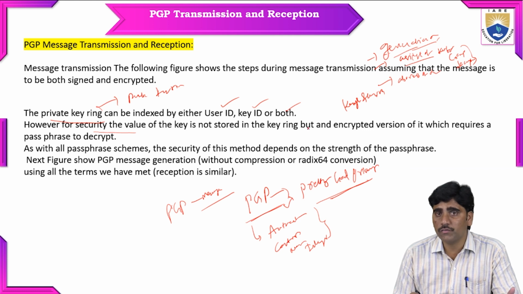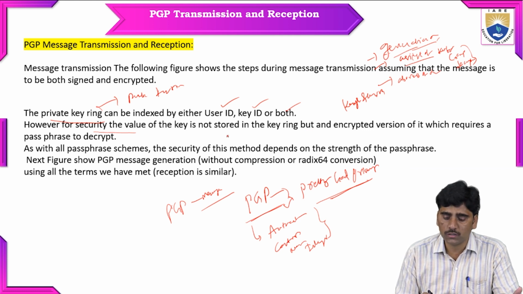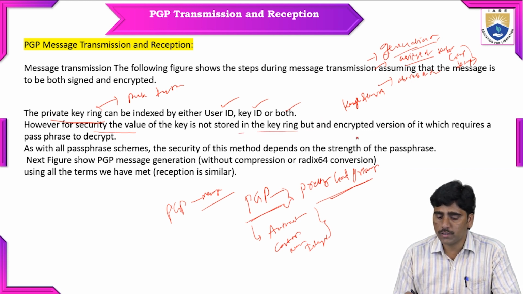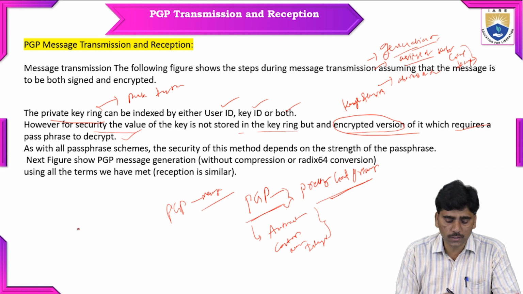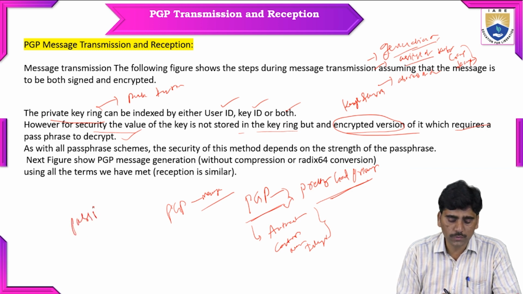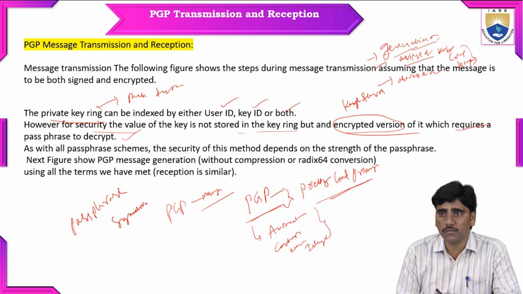However, for security, the value of the key is not stored in the keyring, but an encrypted version of it, which requires a passphrase to decrypt. That is nothing but a passphrase symmetric key, which is also one type of key.